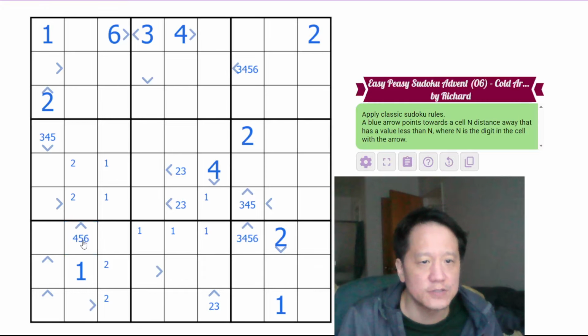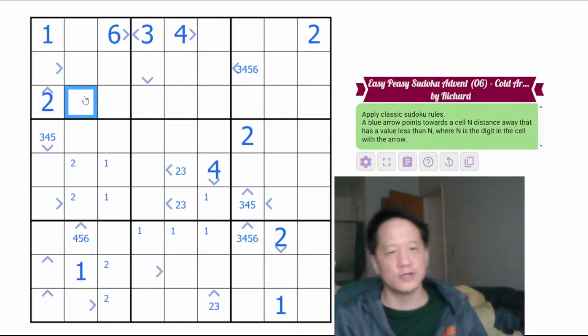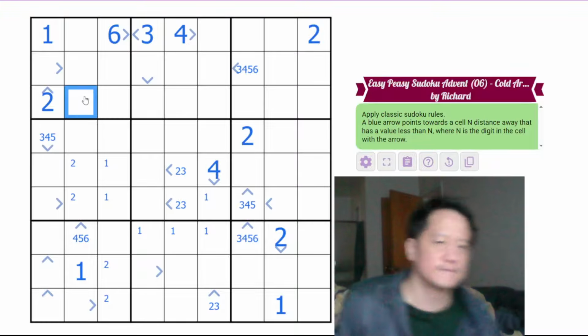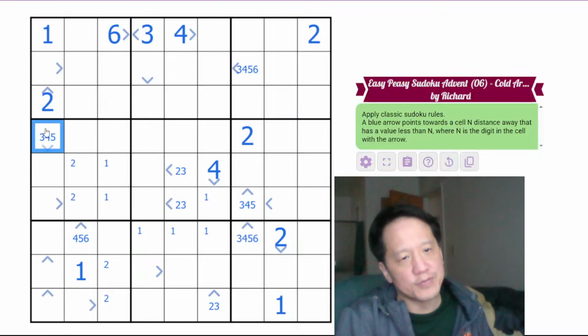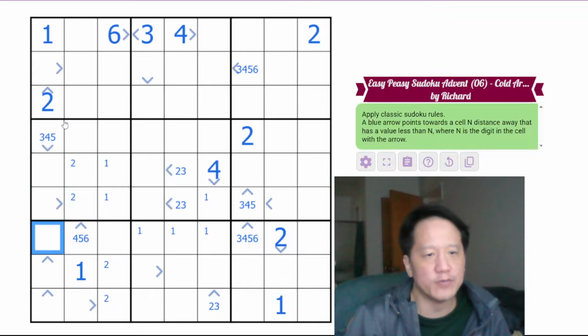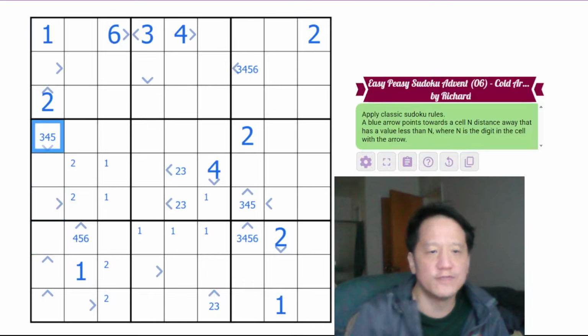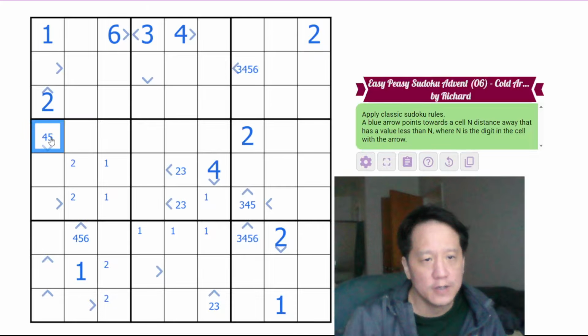If it's 6 away, that means this is 5. If it's 5 away, this could be 4 or 3. If this is 4 away, this has to be 3. That's interesting. This can't be 3 away because 3 away can never be 1 or 2. So this has to be 4 or 5 away.